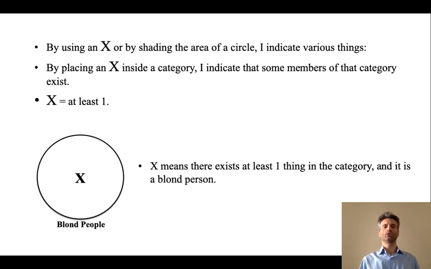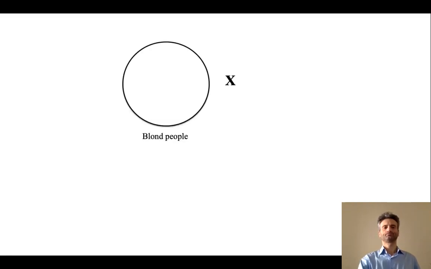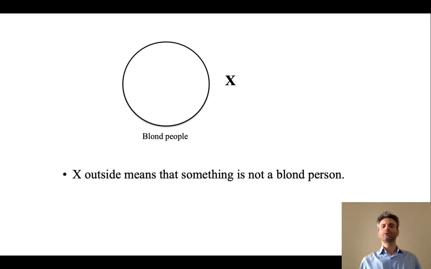The X, as we will learn later, makes an existential assumption or an existential import. If I place the X outside, what do you think I mean? I mean that something exists which is not a blonde person. It's anything else besides blonde people.